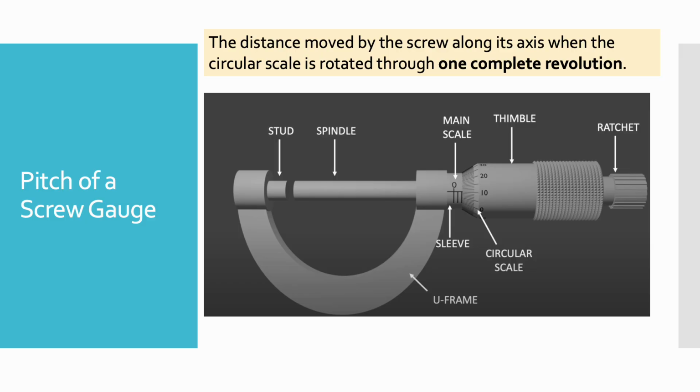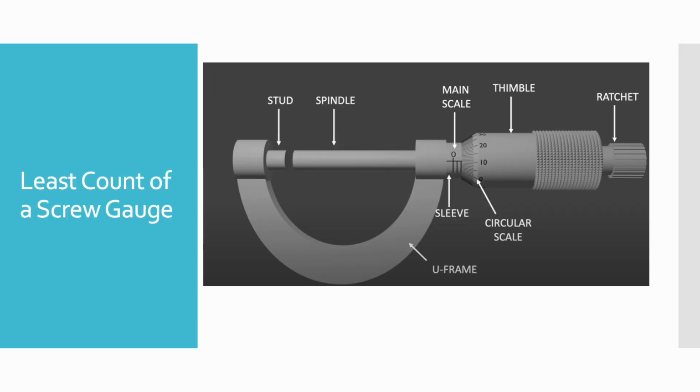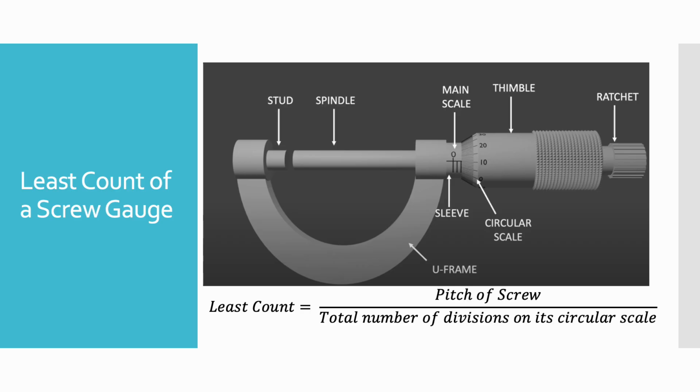Number of divisions on the circular scale allows for very fine measurements. Least count is pitch of screw divided by total number of divisions on its circular scale. So least count is equal to 1 millimeter divided by 100, which is 0.01 millimeter.